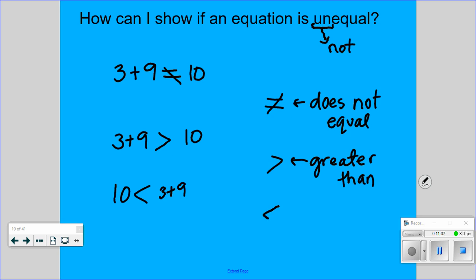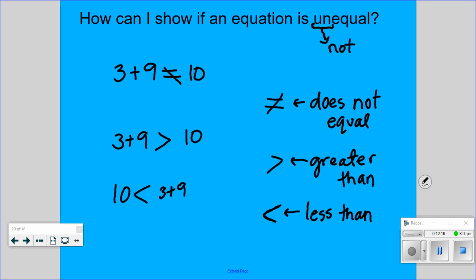So when I put my alligator looking mouth the other direction, when I read it, just like I read a sentence, now this says that it is less than. 10 is less than 3 plus 9. So we now have 3 additional symbols to use when we are writing in math language to show if an equation is unequal or not equal.